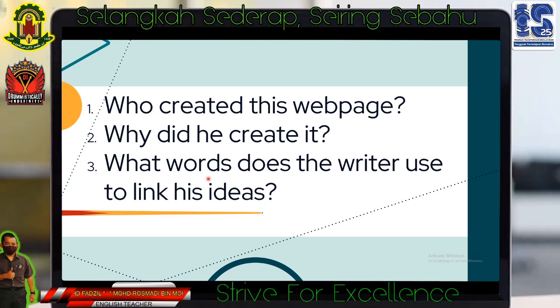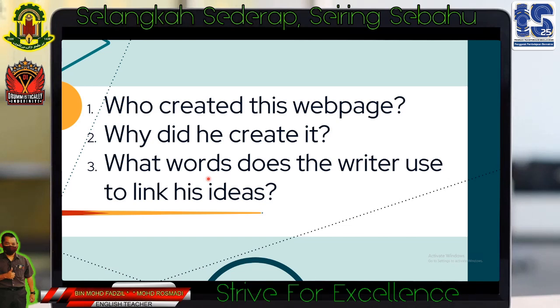Linking words. Yes. Kata penghubung. And what are the words that he used in this web page? Tengok balik web page tadi. You write down the linking words. Kata yang menghubungkan.